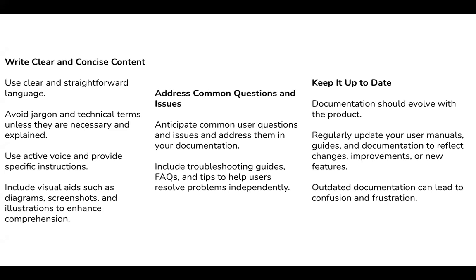Outdated documentation can lead to confusion and frustration because they don't know if it's outdated, because usually documentation, unlike articles, blogs, and tutorials that we discussed in the previous class, does not come with published dates most times. But these days it is becoming more popular to include the last updated dates for documentation.